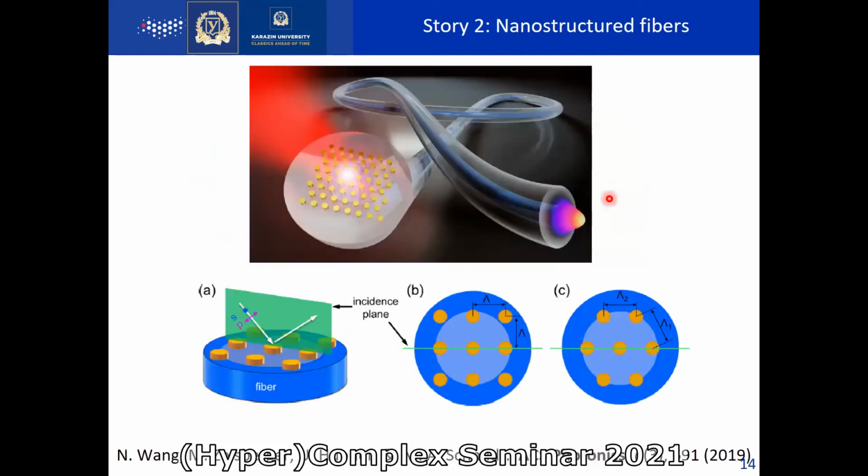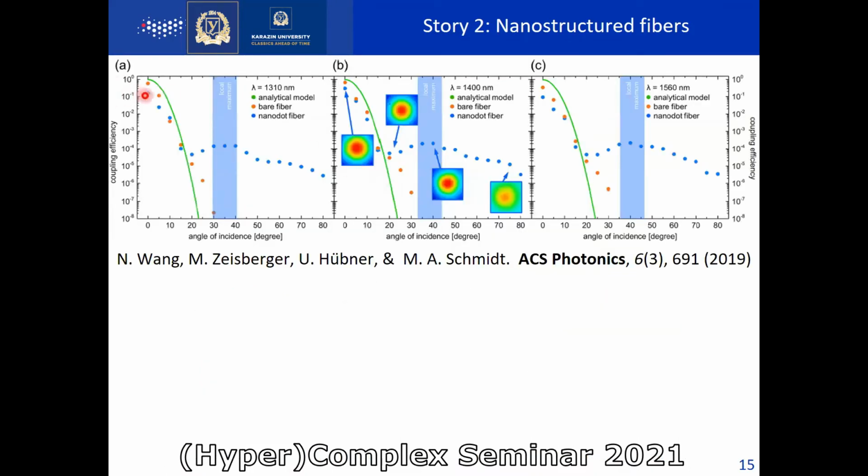But let's go step by step now. There were several attempts to increase this coupling efficiency by structuring the fiber end face. Here is one of the most successful, where the authors put a periodic array of plasmonic metallic nanodiscs. Orange dots correspond to the unstructured fiber, and blue dots to the fiber with this plasmonic periodic array of nanoparticles.